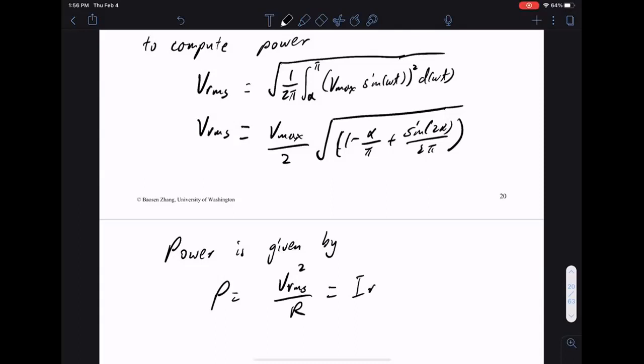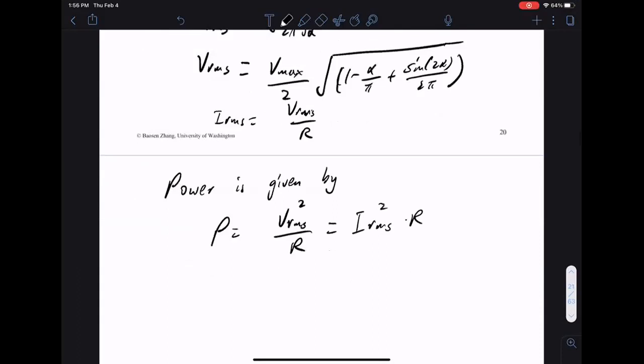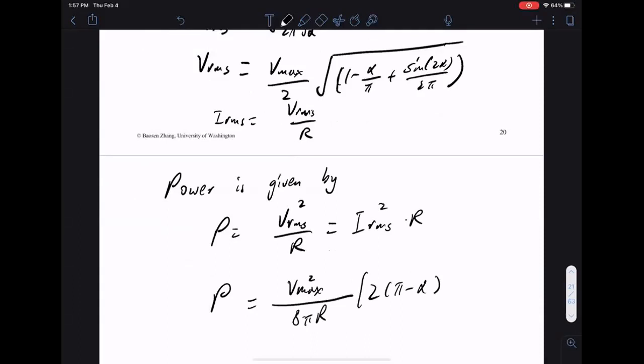This is the same as IRMS squared times R. So power is Vmax squared over 8 pi R, times pi minus alpha plus sine 2 alpha. So this is our power equation for things going through the SCR.